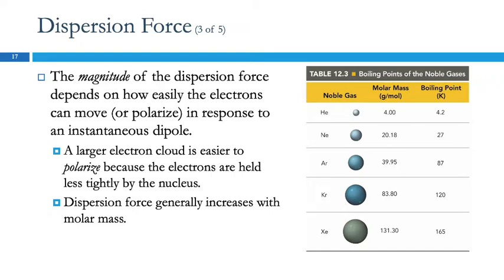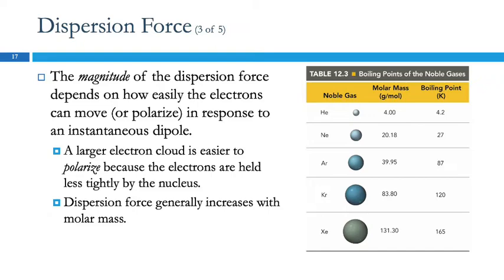The strength or the magnitude of the dispersion force depends on how easy it is to get the electrons in this thing lopsided. Are they held really tight around the nucleus, or are they big and kind of floppy, right?